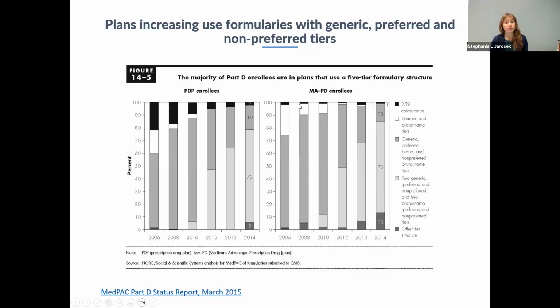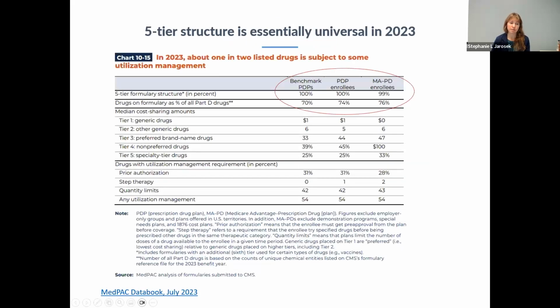And then now we've moved into much more 5-tier structure. And this stopped at 2014. And the latest MedPAC report that came in July 2023 analyzed these files and the plan files and found that almost all plans are using this 5-tier structure.